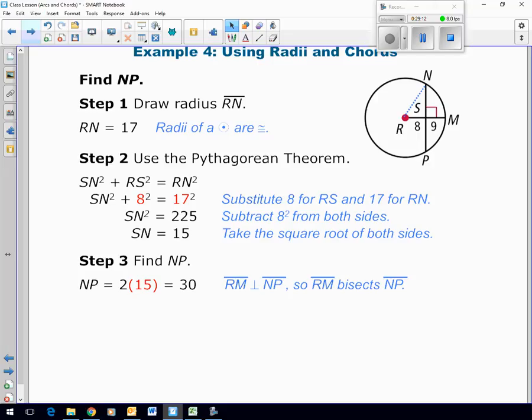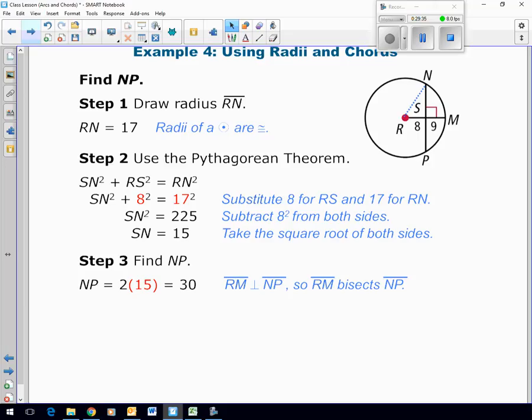I now have a right triangle. And now I need to figure out, using the Pythagorean theorem, what x is. So I could go 8 squared plus x squared equals 17 squared. 17 is my hypotenuse, which means that x and 8 are the legs.